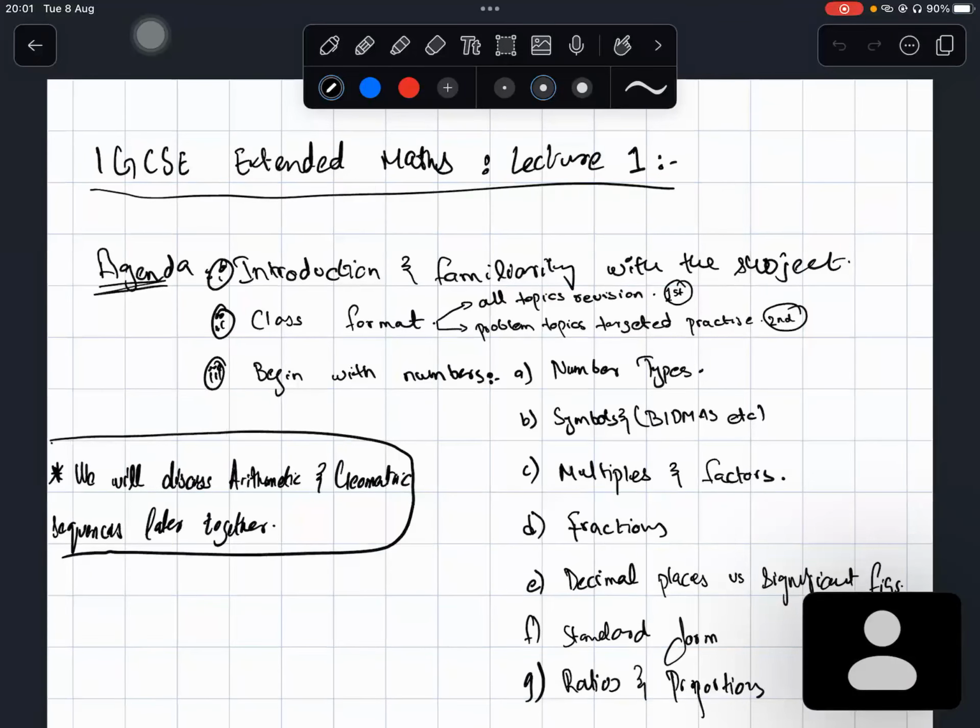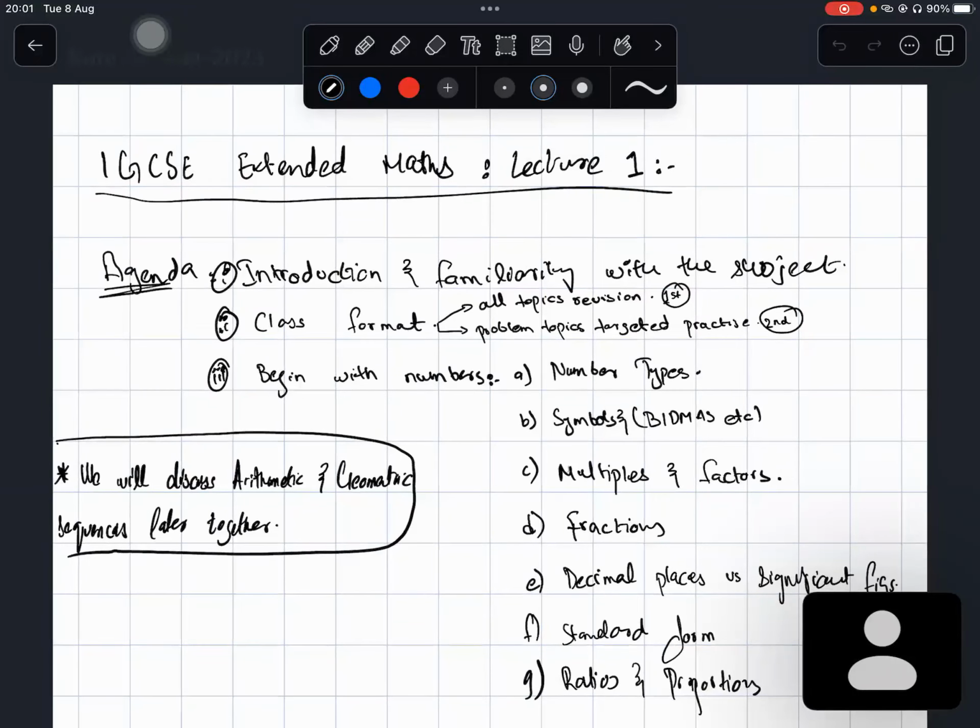Let me ask you a little bit about your familiarity with the subject. How good are you? What sort of grade are you expecting? What sort of hopes do you have with the subject? Honestly, I had a problem with one of the lessons, which is, I think, mensuration. I had a really big problem with that. Okay, perfect. So have you gone through the whole syllabus?